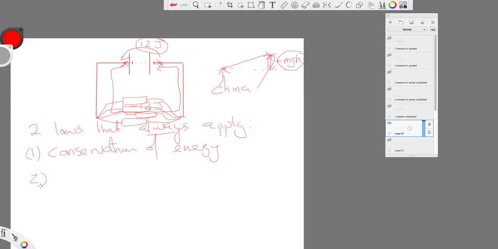The other conservation law is the conservation of charge. Now, you might not have come across this one, but it kind of makes sense when you think about it.